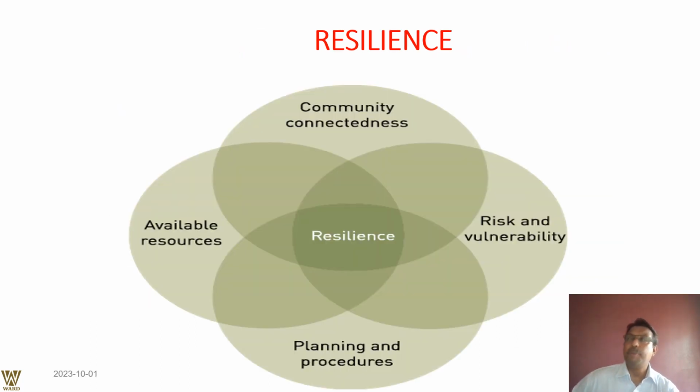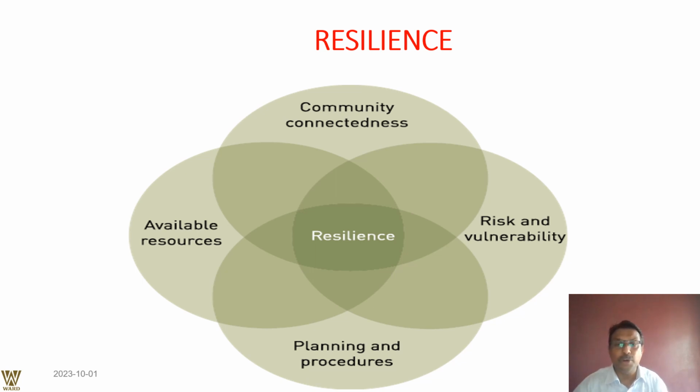So resilience, community connectedness. This is very true as far as resilience is concerned. How do we build resiliences? Risk and vulnerability, planning and procedures, availability of resources. We'll talk about the resiliences. One is a collective response, the community. One about the risk and vulnerability. Can we reduce it? Can we plan and proceed with procedures?